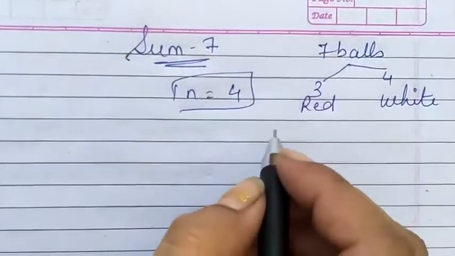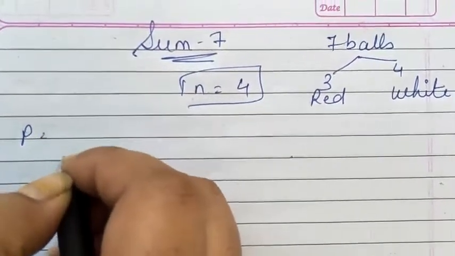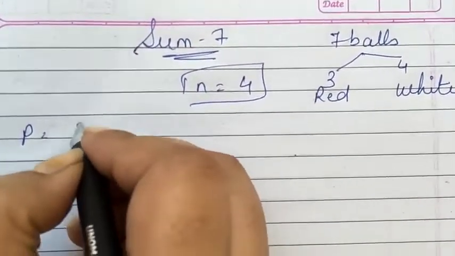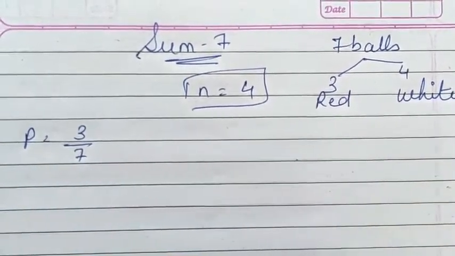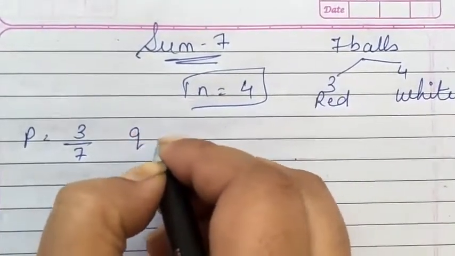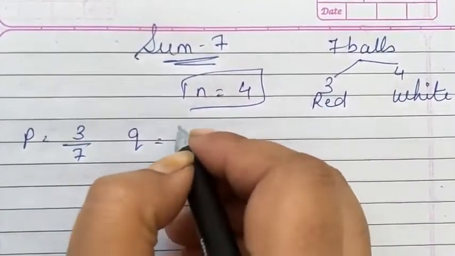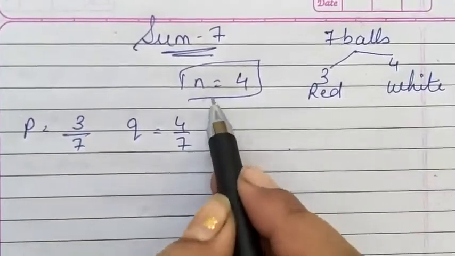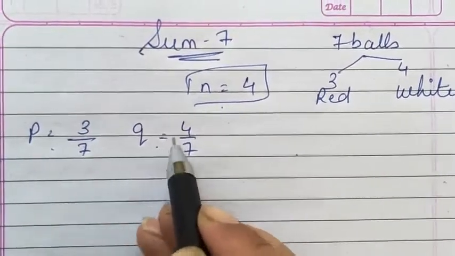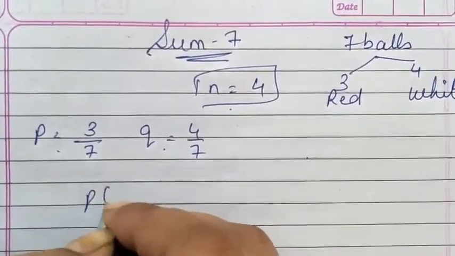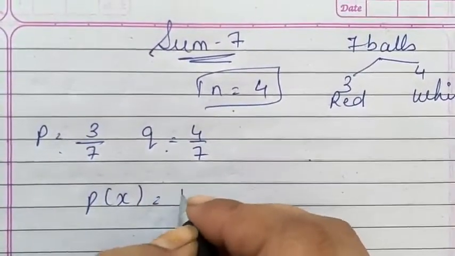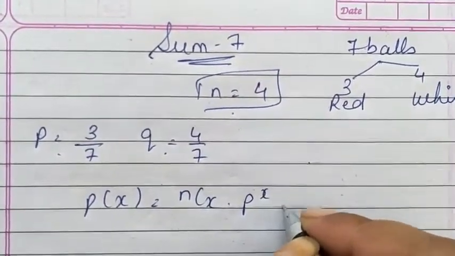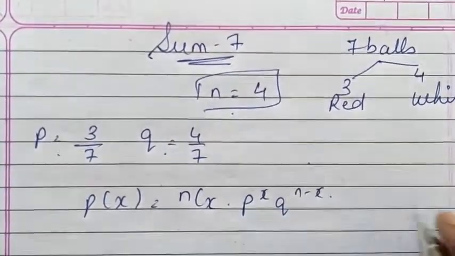And now p means probability that a red ball is selected, so that is 3 upon 7. q is equal to probability that a white ball is selected, so 4 upon 7. Now we got n, p, q. Let us place the formula. P(x) is equal to nCx into p^x into q^(n minus x).